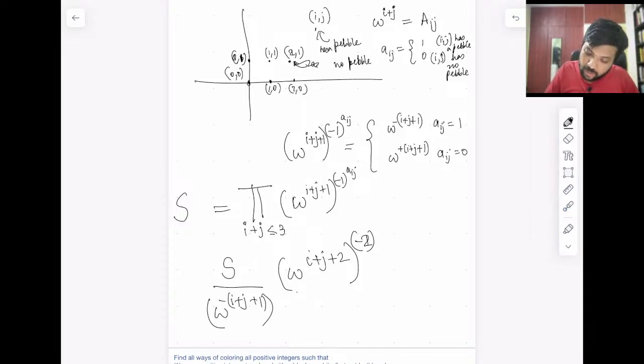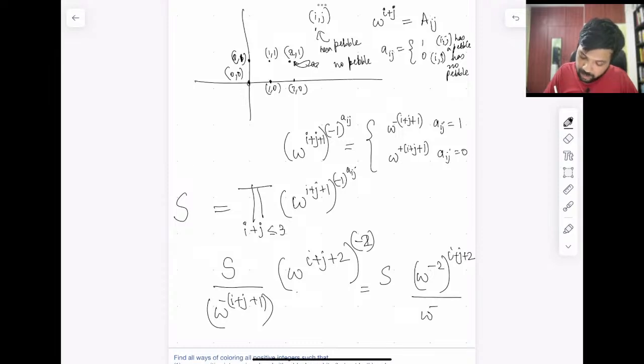Now you can take this square inside. Let me not skip the algebra. You can write it as omega power minus 2 power (i+j+2) divided by omega power minus 1 power (i+j+1). So now what happens?